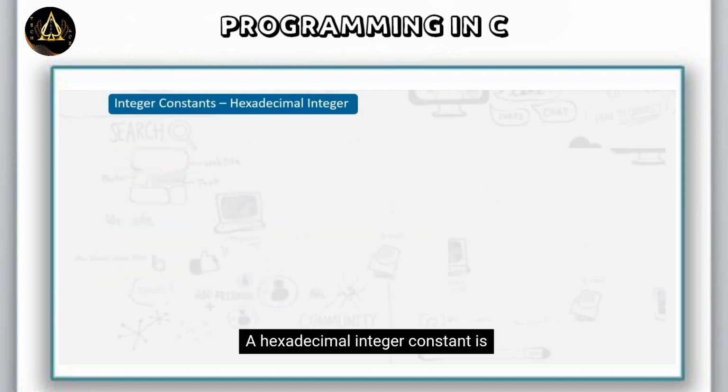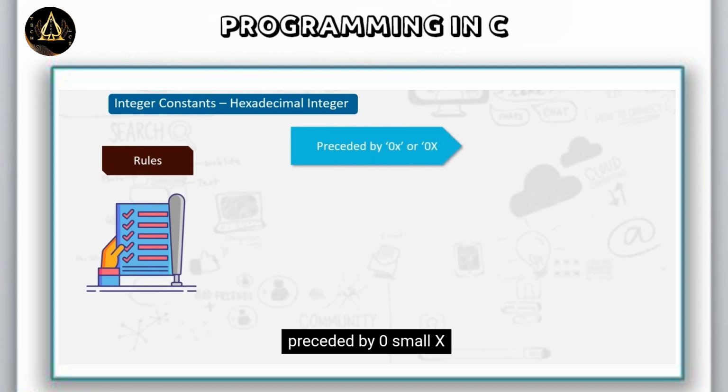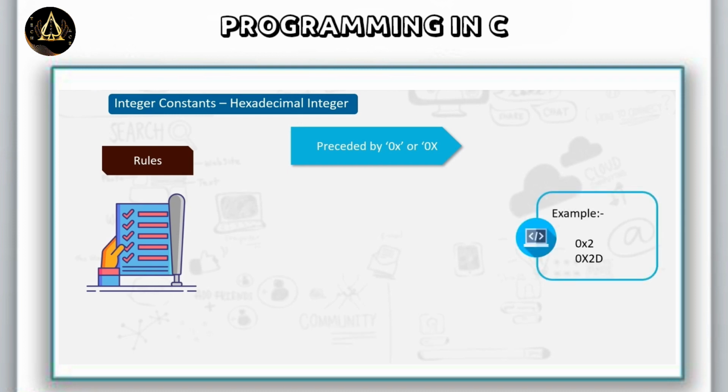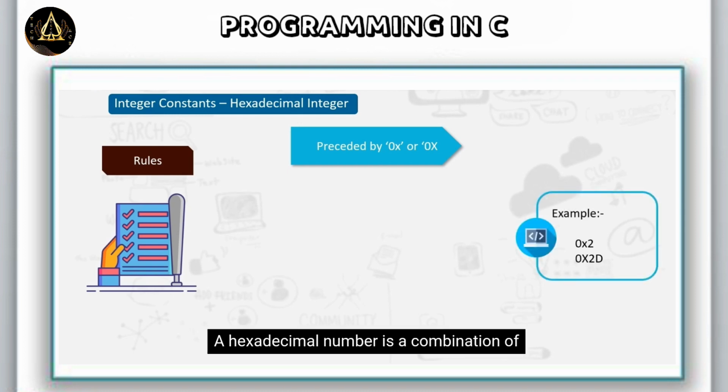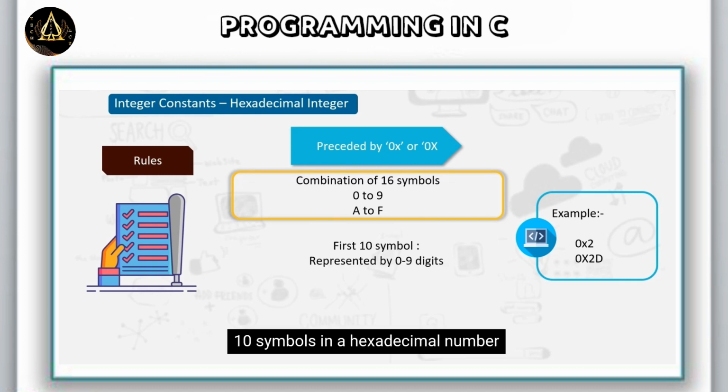A hexadecimal integer constant is preceded by 0 small x or 0 capital X, as shown in the example. A hexadecimal number is a combination of 16 different symbols. The first 10 symbols in a hexadecimal number are represented by the digits 0 to 9.